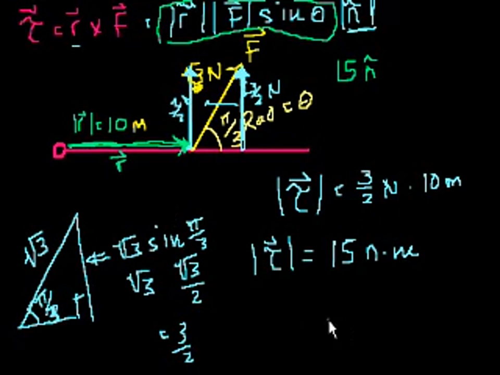Let me see if I can do a good job right here. If that is my index finger, and you can kind of imagine your hand sitting on top of this screen, right? So that's my index finger representing R, and this is my right hand. Remember, it only works with your right hand. If you use your left hand, it's going to be the opposite.